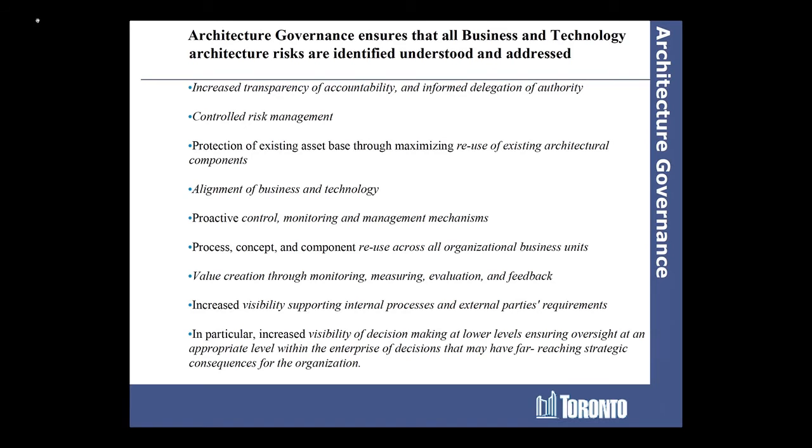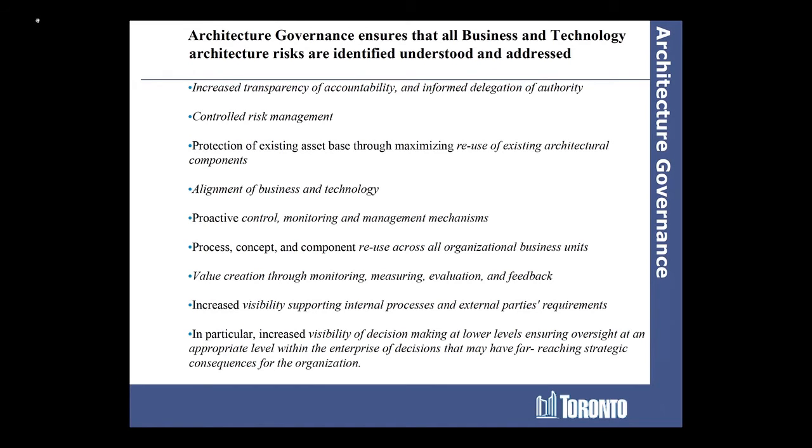Increased visibility and support for internal process and external party requirements. Again, it's a bit of a visibility or transparency thing. We see the governance bodies acting as that support mechanism. And then finally, as a decision-making body at lower levels, ensuring insight is, as you'll see in our governance structure, one of our key pieces.